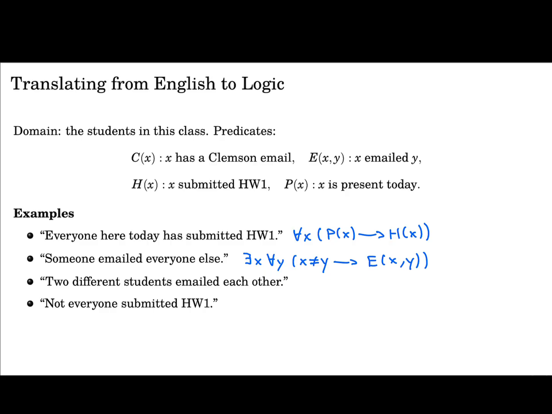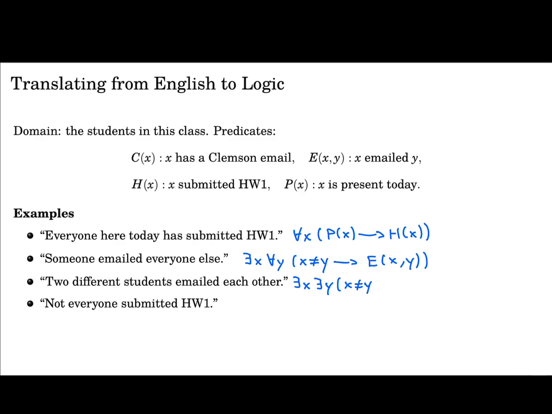Okay. Let's do a different one. So now the third one. Two different students emailed each other. Okay, so now I'm going to need 2 different students. And it's not a for every on either of them. So there's going to be a student X and there's going to be a student Y. These students, I want them to be different, and they need to email each other.